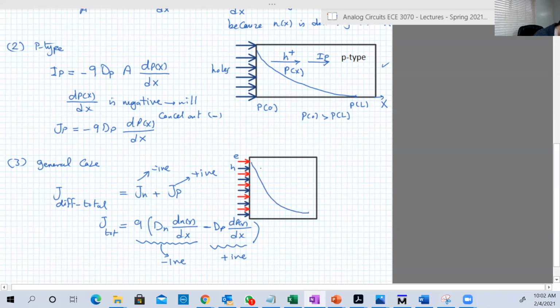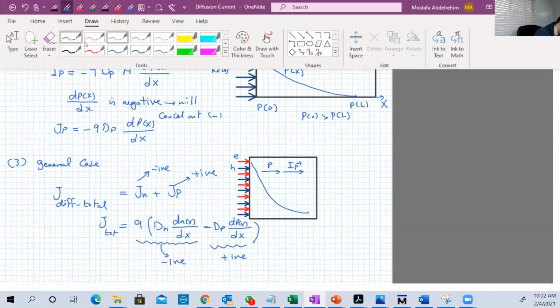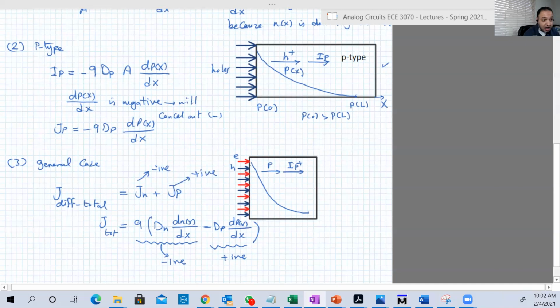This will make holes move in that way, and Ib will be in that way as well. And then you will have, maybe larger or smaller, you don't know, but generally you have something like this, but it might be larger, or it might be like this. So the electrons will move in that direction.